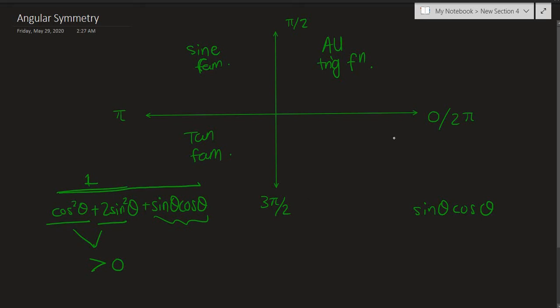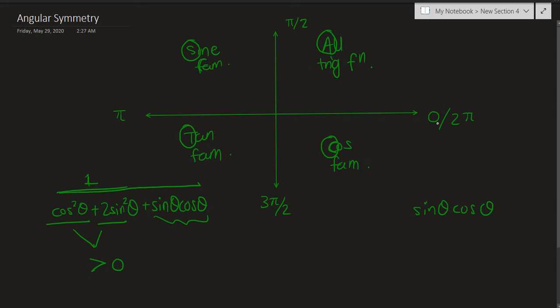And from 3 pi over 2 to 2 pi, or 0, the cosine family is positive, which includes the cosine and the secant of an angle. I remember this by "add sugar to coffee," so ASTC.